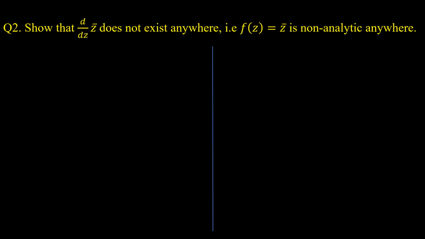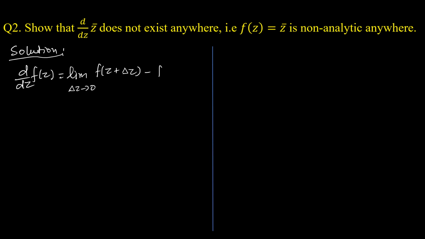So again we will use the same formula of derivative here. So in the solution, d by dz of f(z) can be written by the definition as limit del z tends to 0, f of z plus del z minus f of z upon del z.